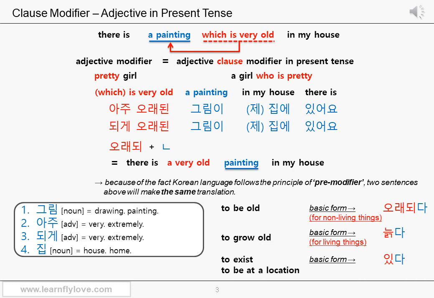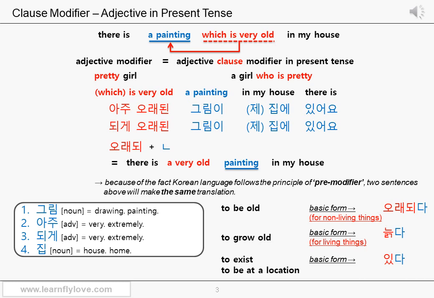So you can add a particle 에, 집에. There is. You use the predicate 있다 when you want to say something exists or something is at a location. If you add 어요 sound, it will become 있어요, which is very old, 아주 오래된.